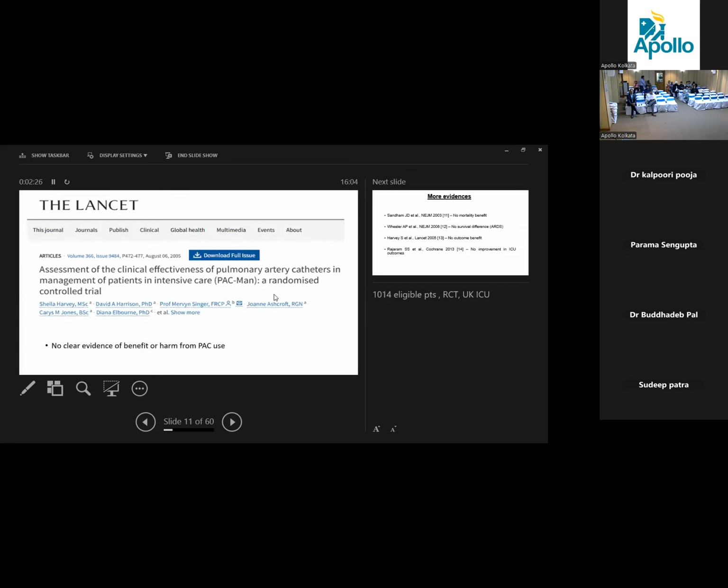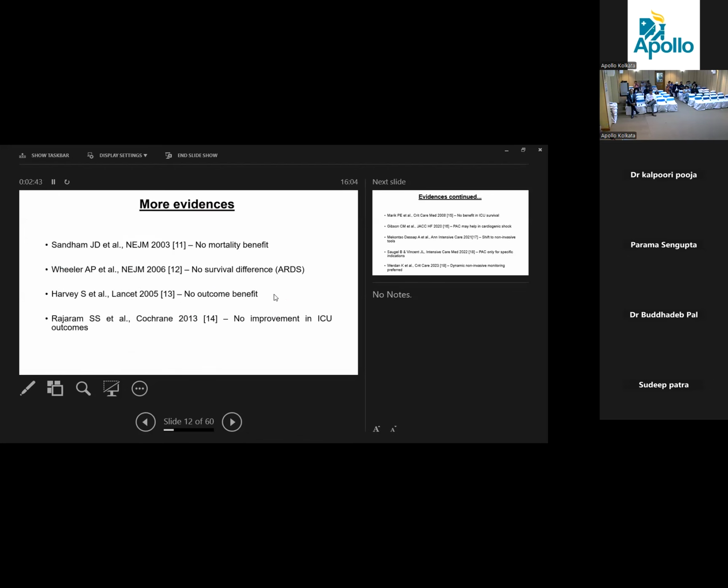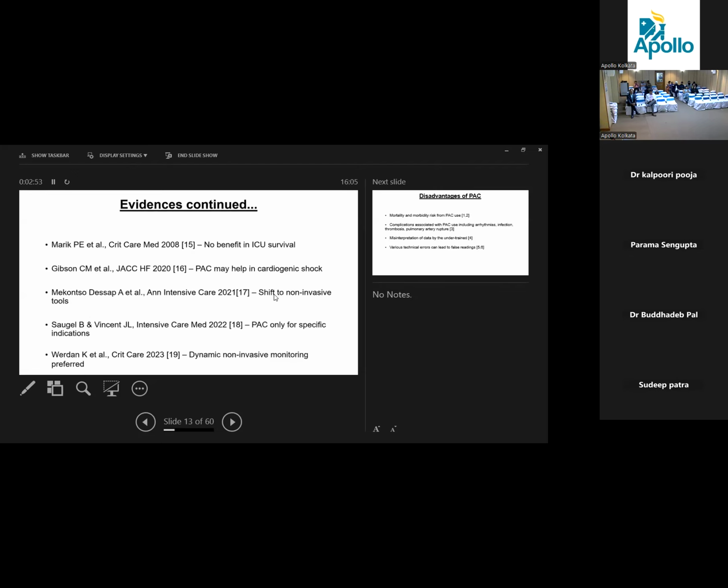The PAC-Man trial was conducted in 2005 to assess the clinical effectiveness of the PA catheter in the management of intensive care patients. This was also an RCT, and it revealed no clear evidence of benefit or harm from PAC use. There are some more studies which eventually showed no survival benefit, no mortality benefit, no outcome benefit, and no improvement in ICU outcomes.